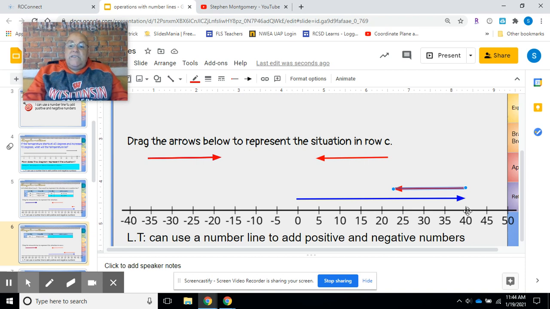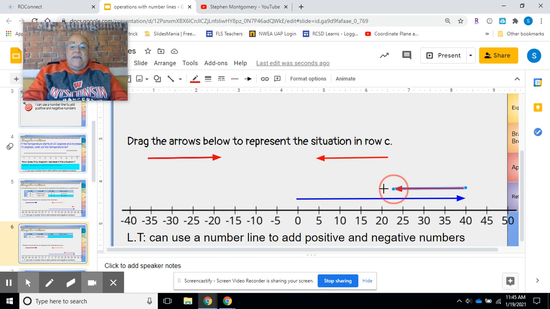So if I'm at 40, I go 1 step, that's 5. 2 steps, that's 10. 3 steps, that's 15. 4 steps, that's 20. 5 steps is 25. Another step, that's 30. So I have now gone 30 units back to the left. Where do I end up?